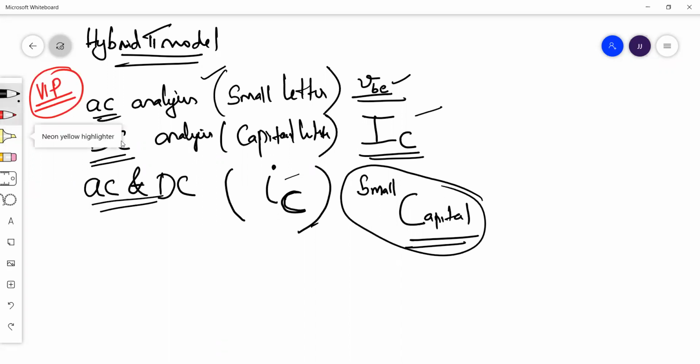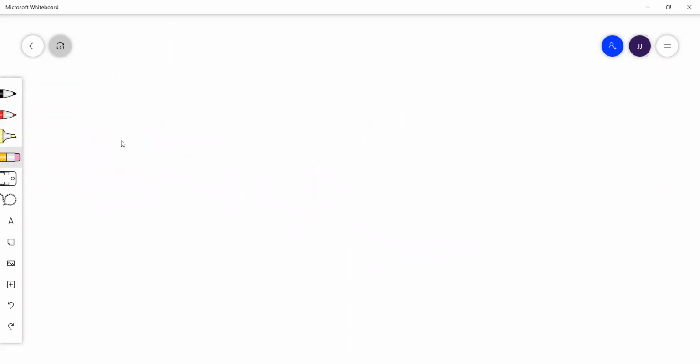Next is something we have heard before, a representation like small v capital T, V suffix T, that is called the temperature volt equivalent.